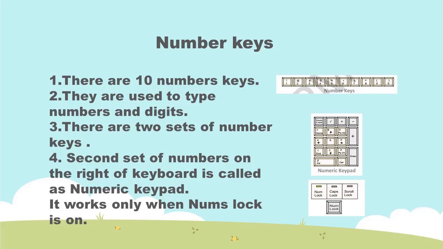Okay. The second set of number keys is used to type numbers only when we switch on the num lock key, and the num lock key is present on the right hand side and top of the keyboard.